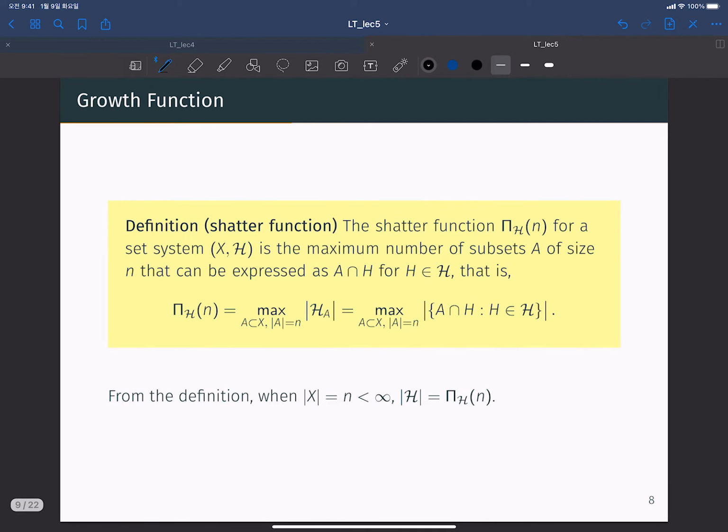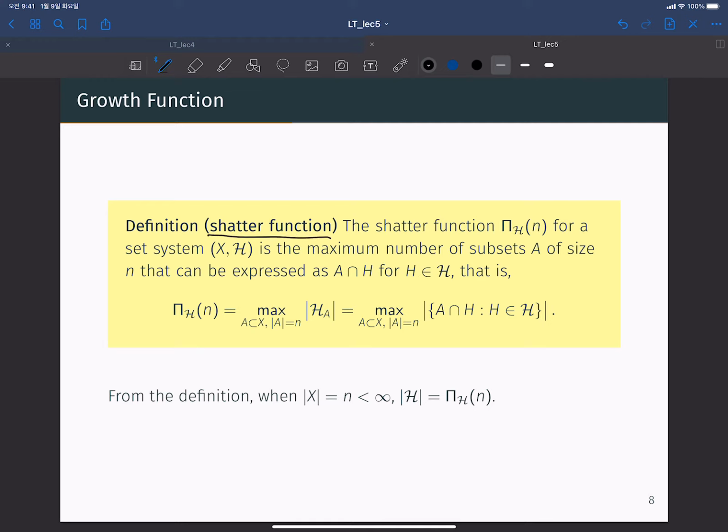Okay, to connect the VC dimension and our sample complexity theorems, we need to understand the growth function with respect to the VC dimension. So how many hypotheses can be defined on a finite number of inputs with our hypothesis set? That can be defined with the shatter function.